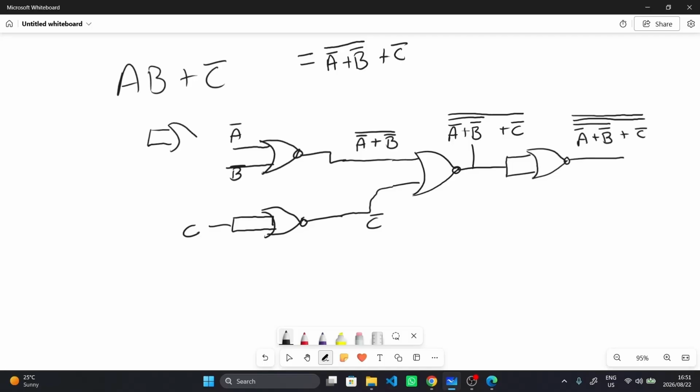And yeah, as you can see, I think NOR gate is not that easy to work with compared to multiplication, which is NAND gate. And most of the questions you might be asked will be NAND gate mostly. Right. So yeah, this is the diagram which is more complicated, right?